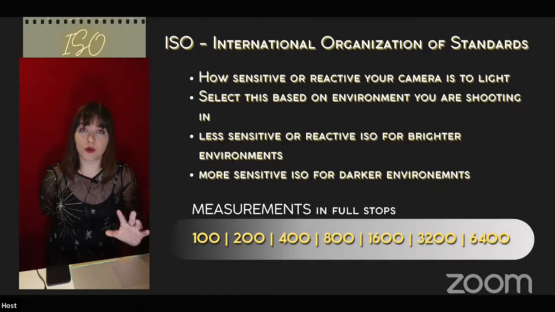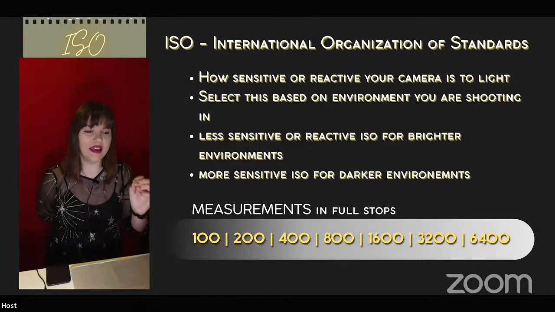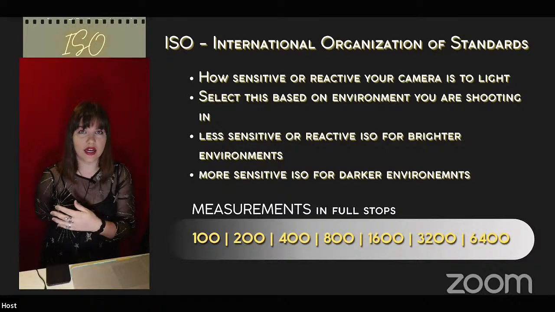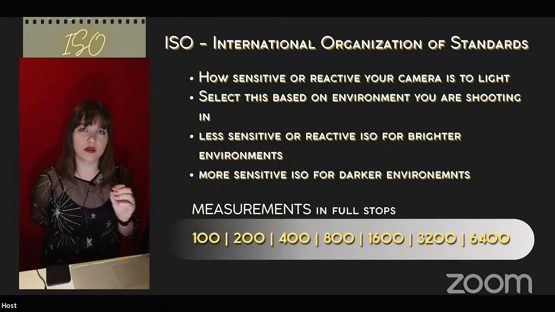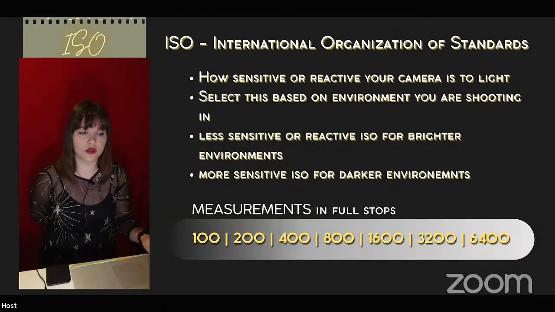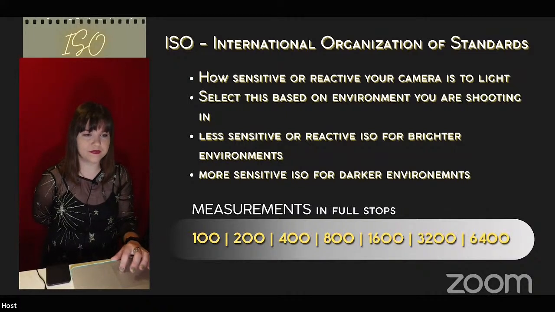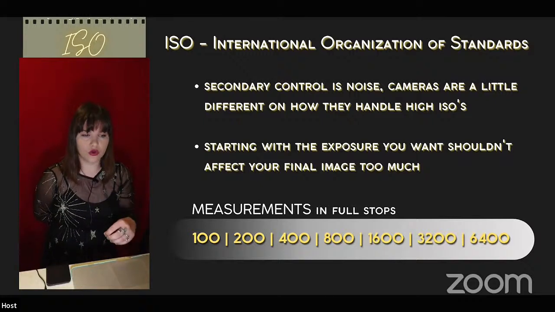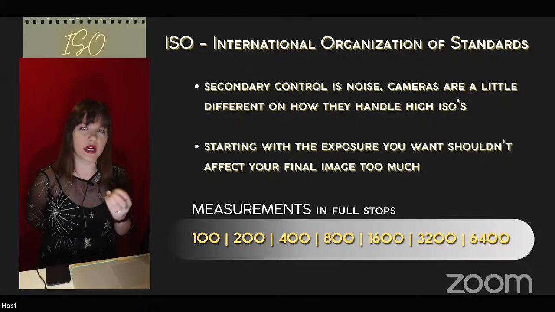Okay. And like I said, more light, you don't need as high of an ISO. You can keep it closer to 100. Really dark, you need to push it higher, so closer to 3200 or 6400. The secondary control of ISO is the noise, or kind of the grain.